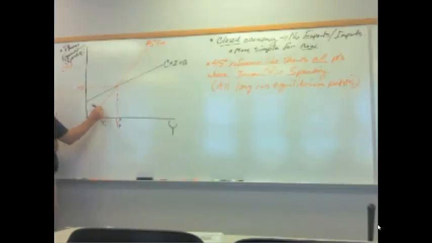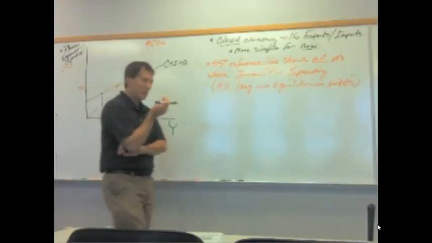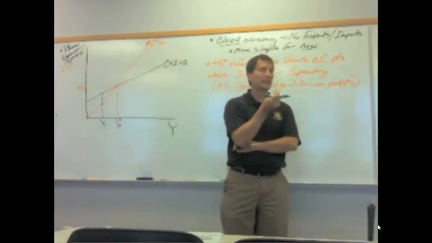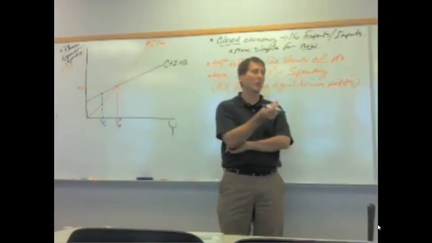The amount of spending is higher than our actual amount of income. So spending's higher than income. Now the key new thing we're going to bring to the table is inventories.